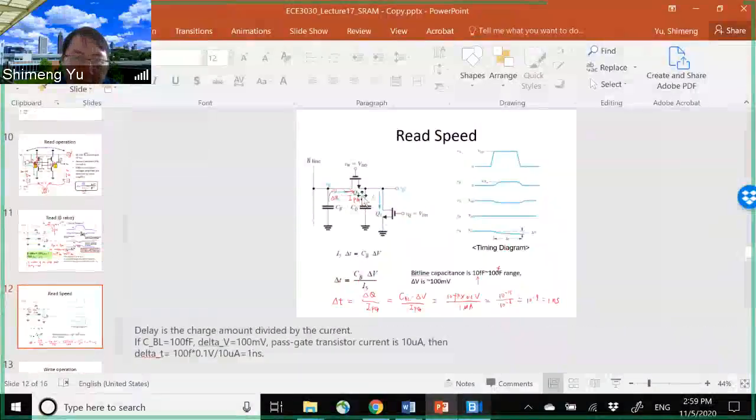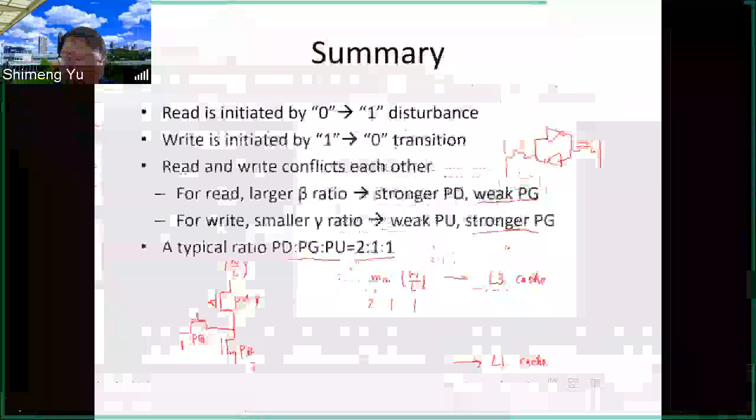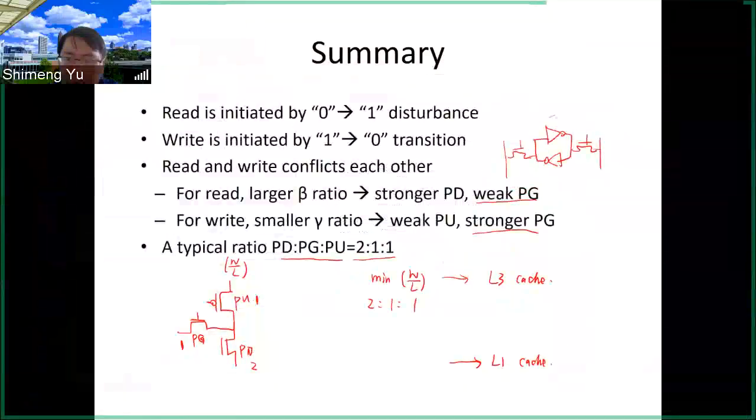How do you make it fast? You want to size up the transistor, the pass gate, so you have larger current. Then if you have larger current, then you can make the delay smaller. So you need to size up the transistor here. So for L1 cache, for example, you can use 4, 2, 2.